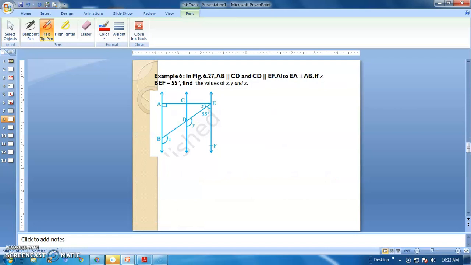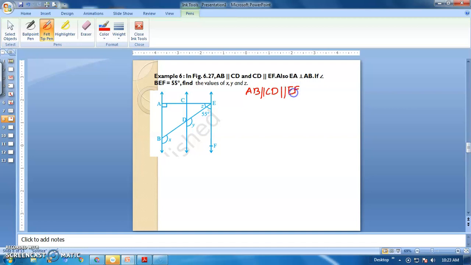So come to the example here. In the figure, AB parallel CD. So this line AB is parallel to CD, and also CD is parallel to EF. So the three lines are parallel to each other, that is AB parallel CD and parallel EF.